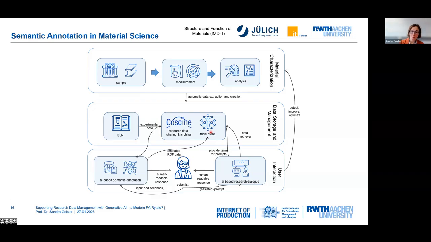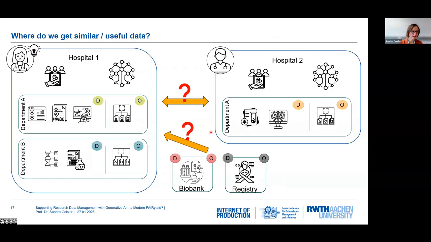So another way where we think that generative AI can help in the process of research data management, going back now to our hospital example, is when it's about sharing data when you don't have enough data, and trying to find related data.